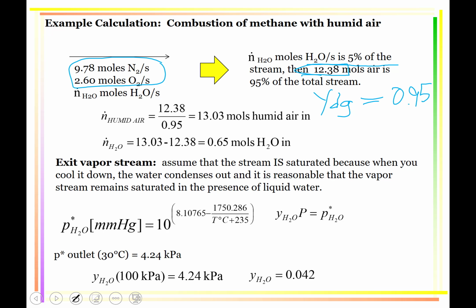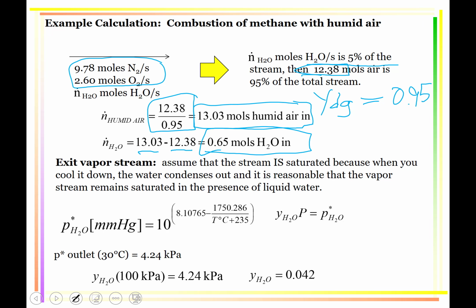So we can take our 12.38 and divide it by the mole fraction, 0.95, and we find that we have 13.03 moles of humid air entering. We can take the difference between 13.03 and 12.38, and that gives us how many moles of water we have entering.